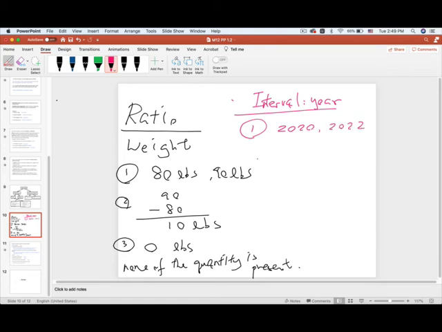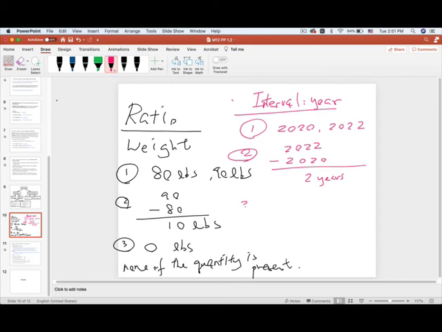All right, I can arrange it in order. Okay, number 2, I could find the difference. So I have 2022 minus 2020. I could find there are 2 years difference, and this difference is meaningful. Just like the ratio for number 1, number 2.